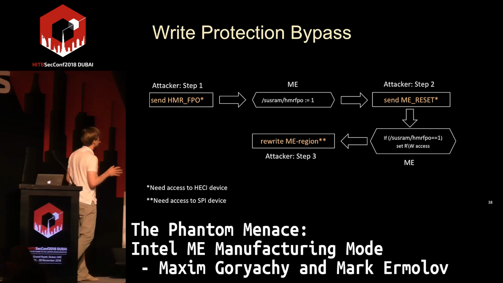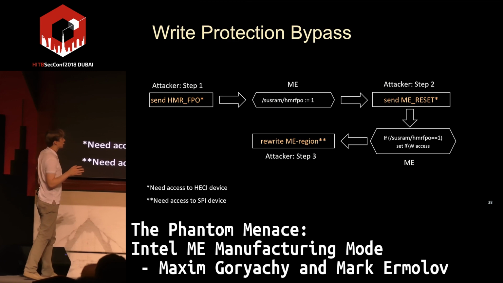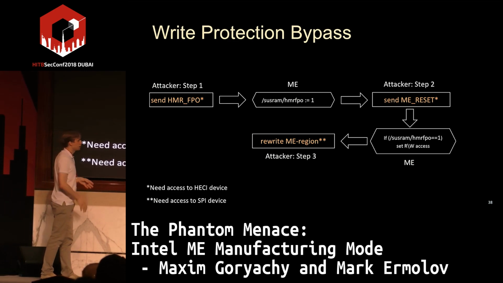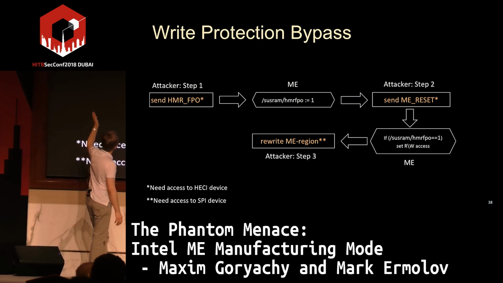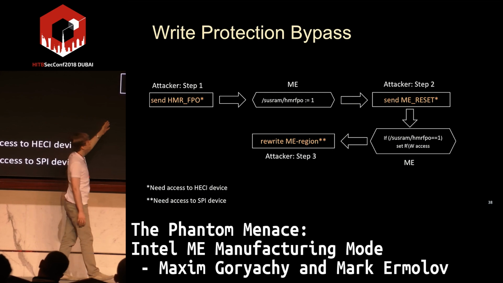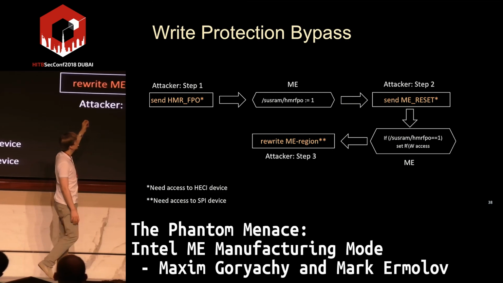It means what? You need to do 3 easy steps. In the first step, you send a message, HMR of power. ME sets special flags in its internal file system.